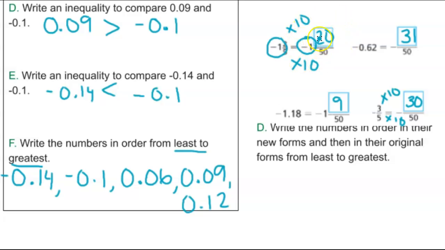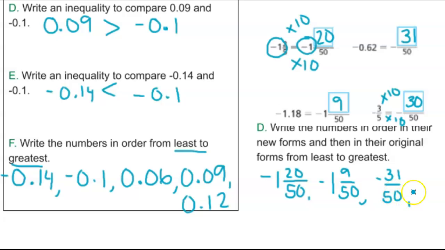We're just going to start with this one because 20 will kick it farther over on the left-hand side. So I have negative 1 and 20 over 50, followed by negative 1 and 9 over 50. And then this one's pretty close here, but we're going to do negative 31 over 50, and then negative 30 over 50. So that's our new forms.